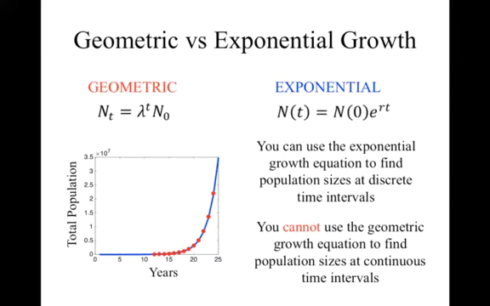Because the exponential curve is continuous, you can use it to predict the population sizes at discrete time intervals, at year 12, at year 13. Because the geometric equation is not continuous, you cannot use it to find population sizes at continuous time intervals. You cannot use the geometric equation to find the population size at year 12.5 or year 12.2 because it's just not defined there. It's only defined at discrete time intervals.